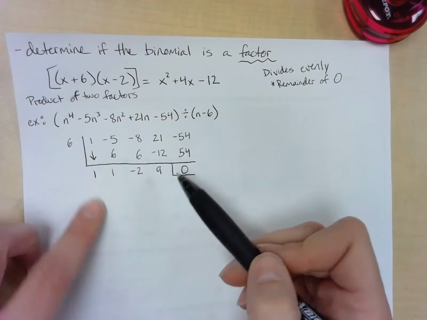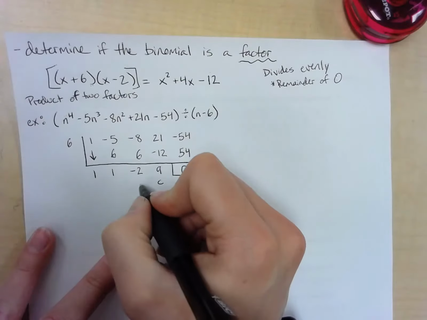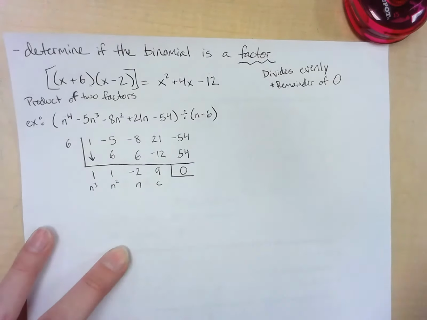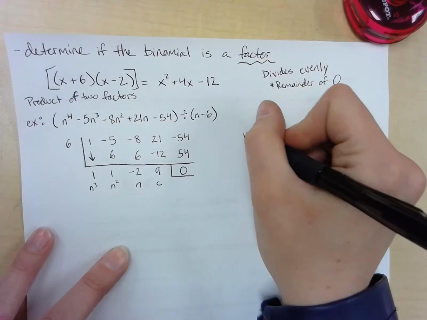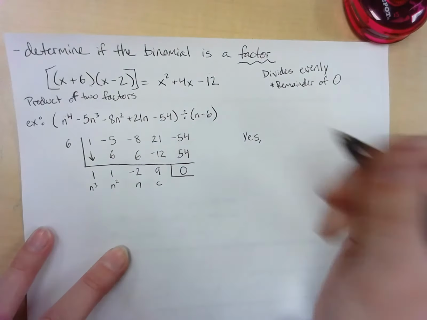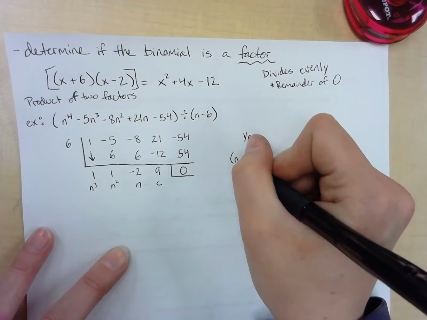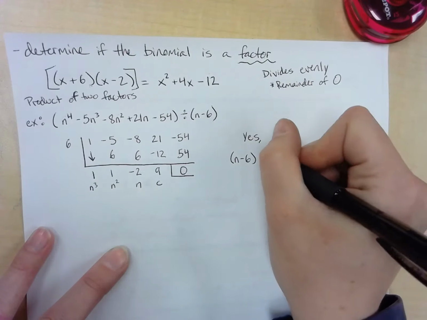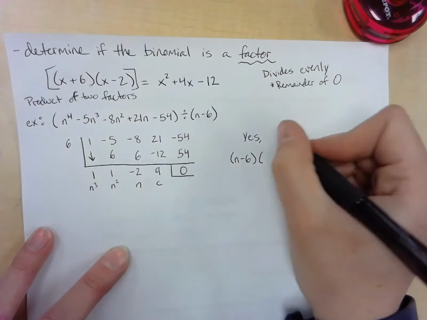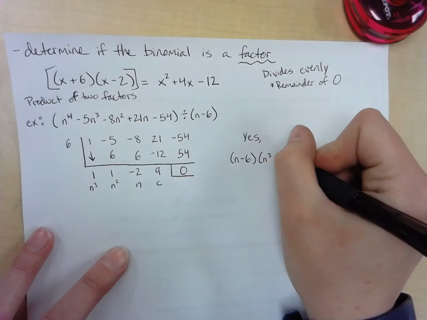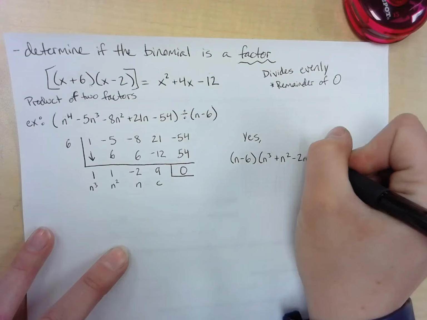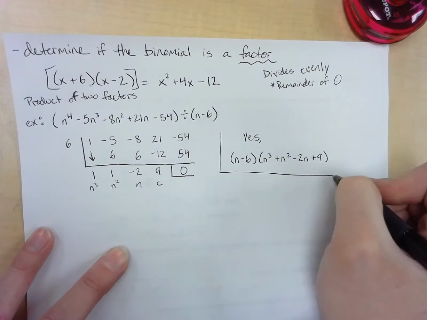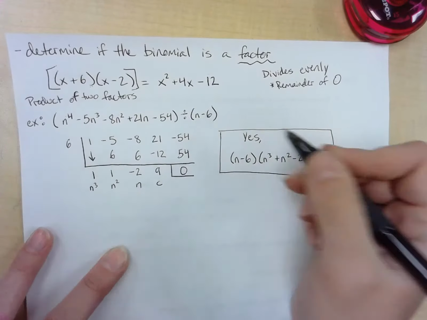Here's the constant, n squared, n cubed. I know it is a factor. The product of two factors is n minus 6, meaning what I divided by, times what I got left over: n cubed plus n squared minus 2n plus 9. That is the product of two factors.